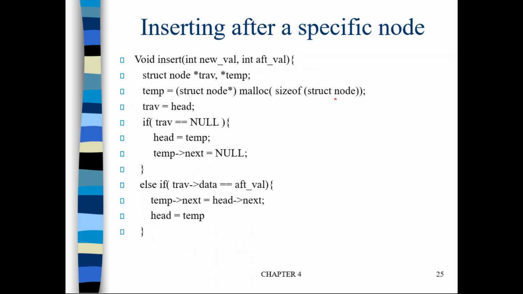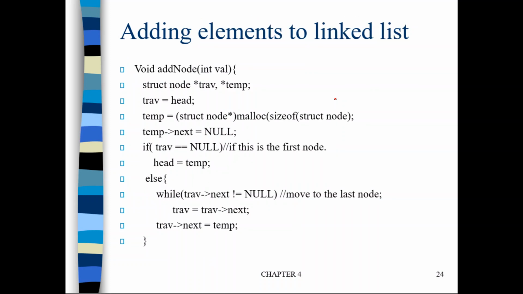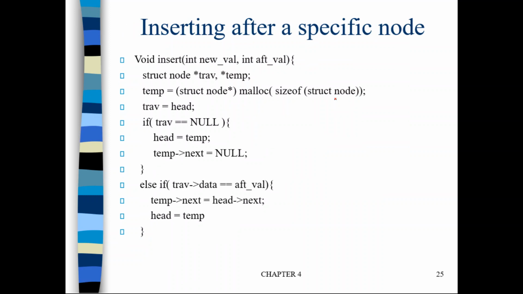Next, let us try to understand how to insert a new node after a specific node in the linked list. So here we need 2 things. Say already our linked list contains like this.